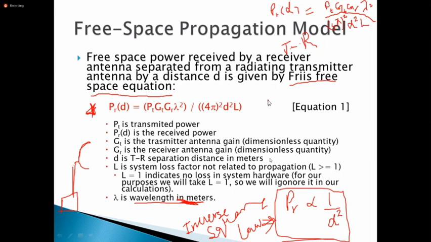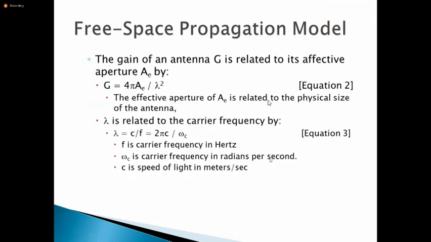This is the equation. Okay. All right. Then let's move to the next slide. Now here, the gain of an antenna capital G is related to its effective aperture. So antenna gain has a relationship with its aperture. antenna එකේ physical size එකත් එක්ක relationship එකක් තියෙනවා antenna gain එකට.